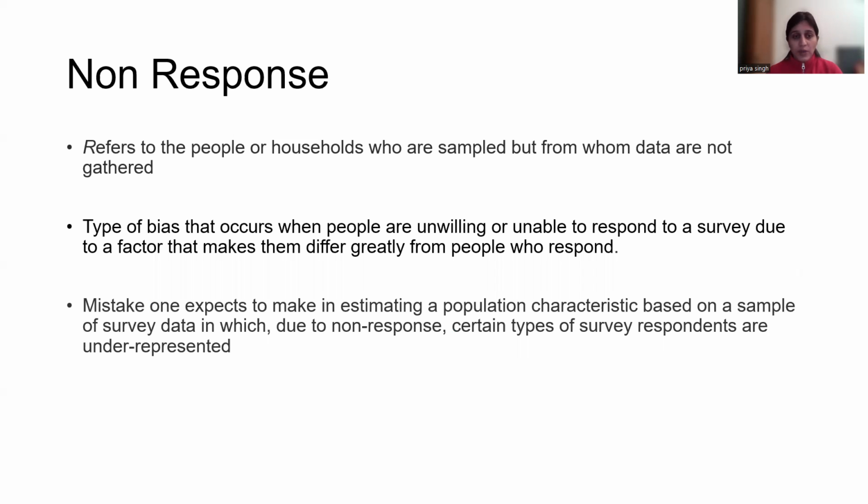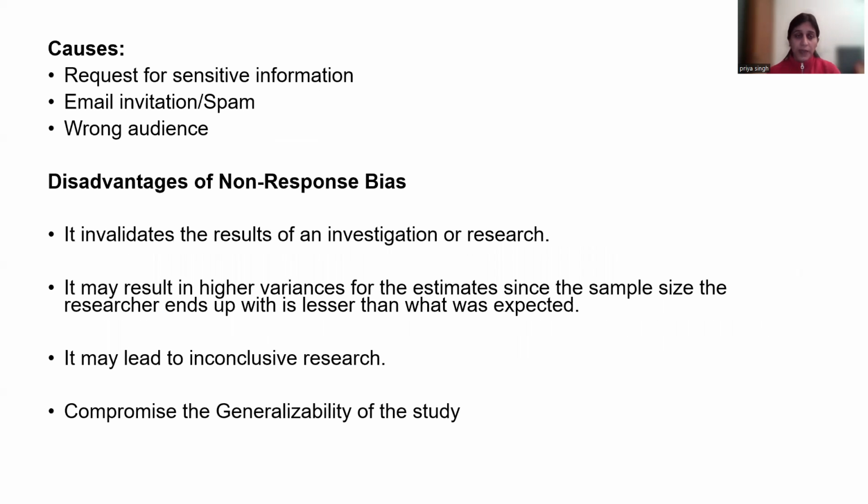These are the mistakes one expects to make in estimating population characteristics based on a sample of survey data in which, due to non-response, certain types of survey respondents are underrepresented. The causes can be request for sensitive information, email invitations, or wrong audience.